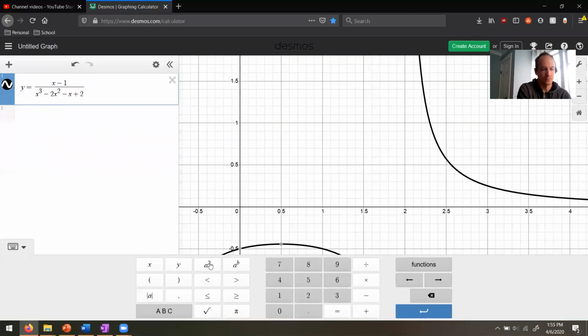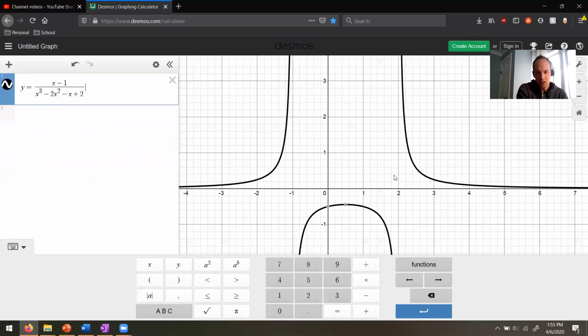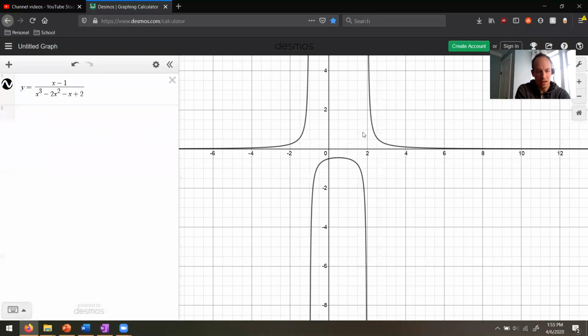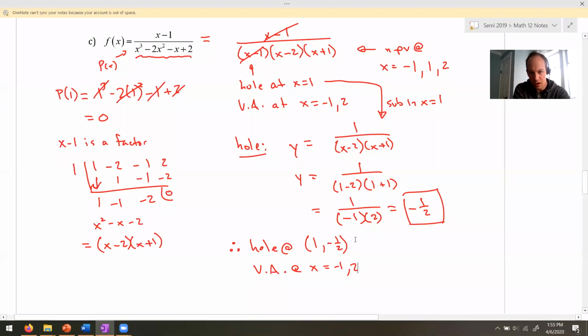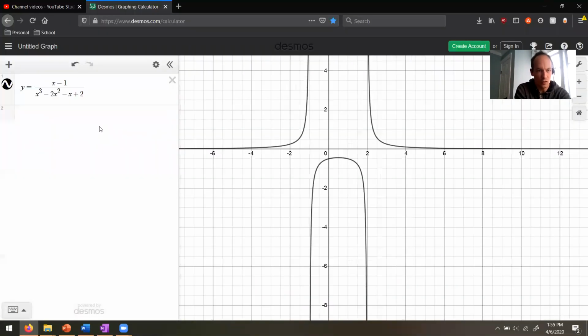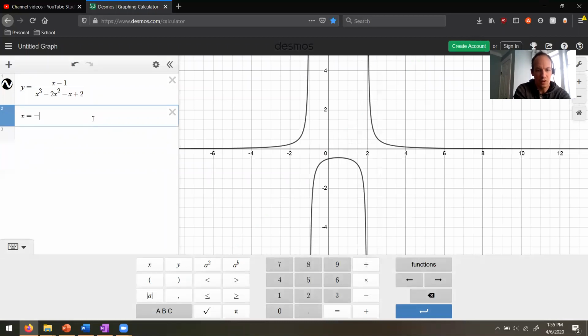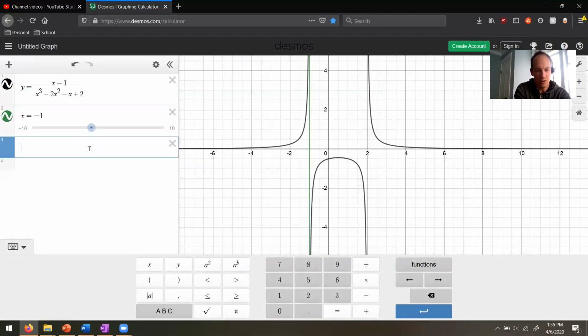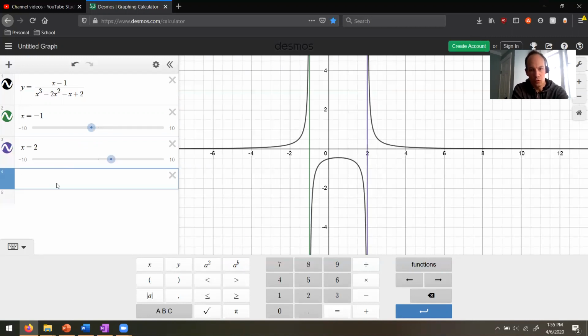That is correct. So when I zoom out, I said I had asymptotes at negative 1, 2. So x equals negative 1, there it is. x equals 2, there it is. And I said my hole should be located at (1, negative 1/2).